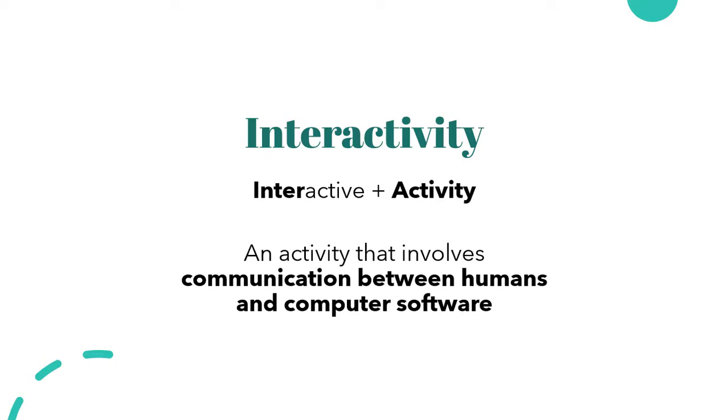So whenever your students interact with the content through computer software, that can be considered as an interactivity. And the purpose of that activity is to learn something. It could be a skill or knowledge. So your students learn certain thing by interacting with the content through computer software.